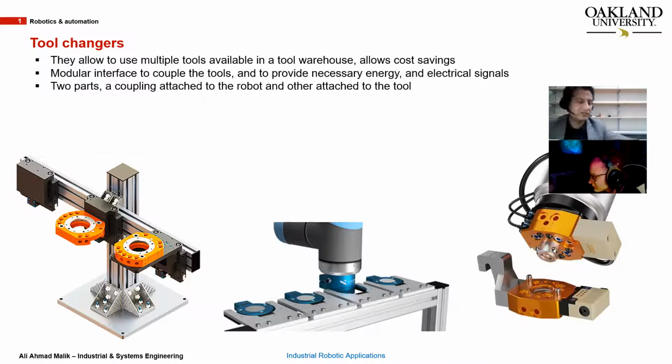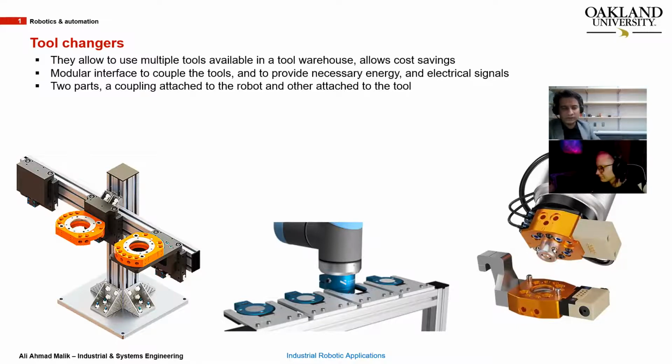These tool changing systems often consist of 2 parts. One part is attached to the robot, the other part is attached to the tool or the gripper. They have some kind of joining mechanism, maybe hydraulic or a snap fit, so that both components can get joined.